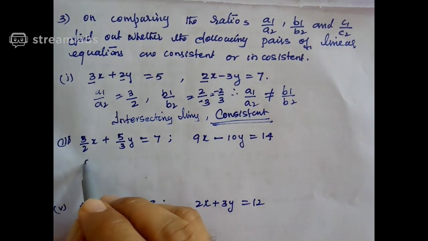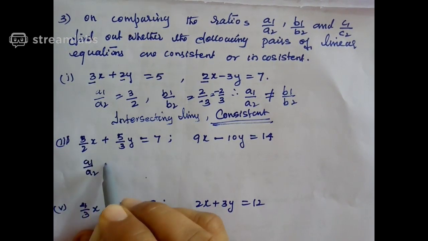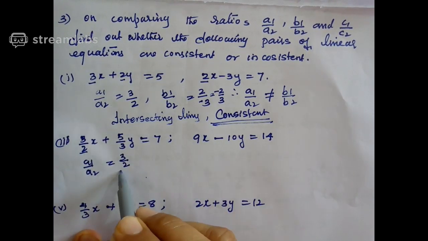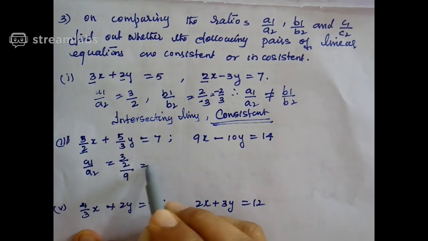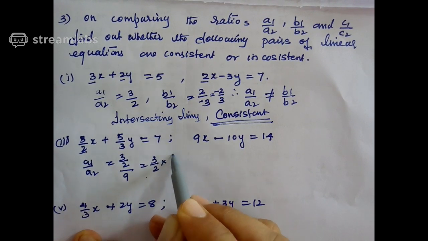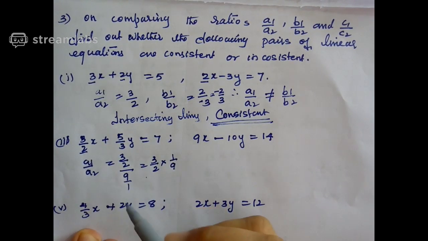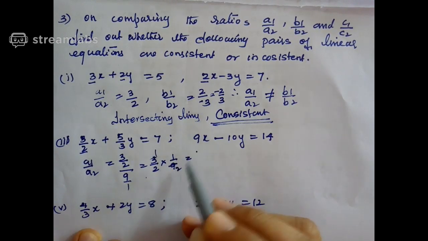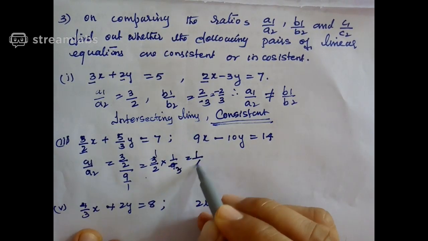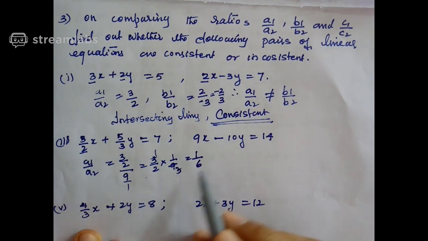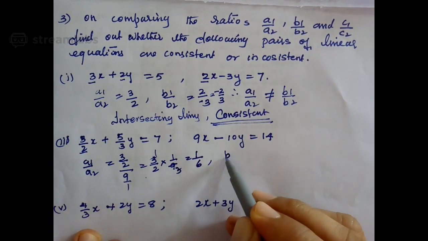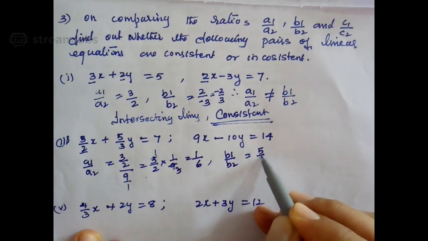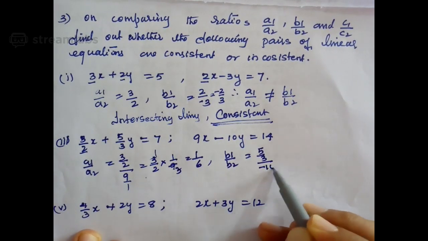Now check the second one. a1 by a2, a1 is 3 by 2, a2 is 9. That is 3 by 2 into 1 by 9. You can take the reciprocal. 3 ones are 3, 2 nines are 18, that is 1 by 6. Then b1 by b2. b1 is 5 by 3, b2 is minus 10.